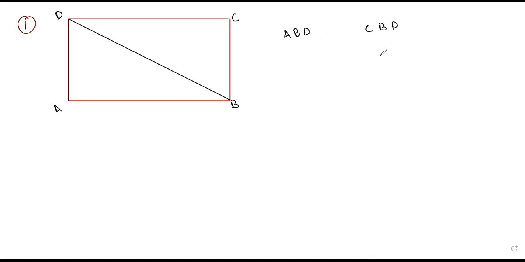All right, now that is the idea. Now what do we know? This is a rectangle. So obviously AD would be equal to BC, right? The side AD is equal to the side BC. Okay, so first sides, one side is same in both the triangles. Again, using the same concept, since this is a rectangle, this side would be equal to this side.